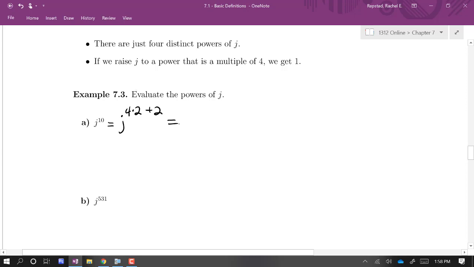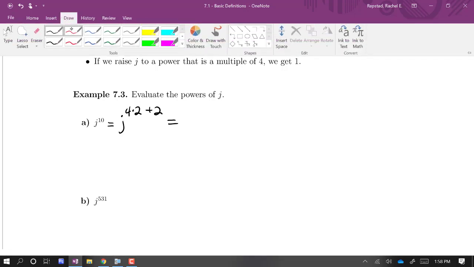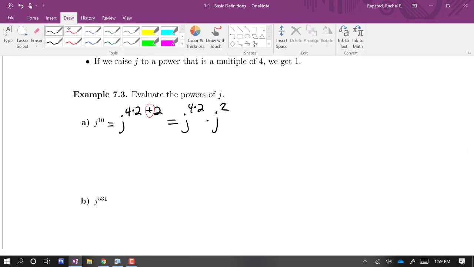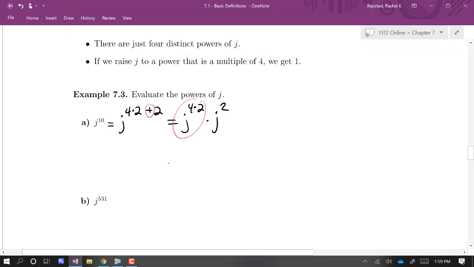I'm going to use our rules of exponents. For starters, adding in the exponent corresponds to multiplying. So I've got j to the 4th times 2 times j squared. Second, multiplying in the exponent corresponds to raising an exponential expression to a power.